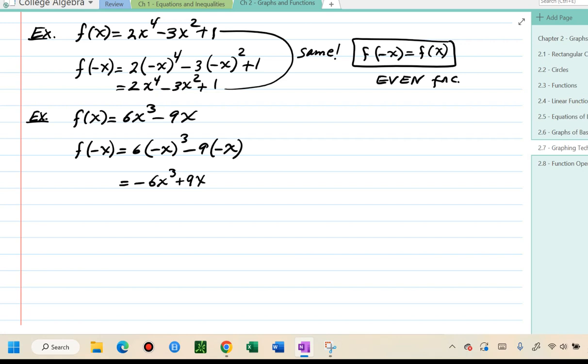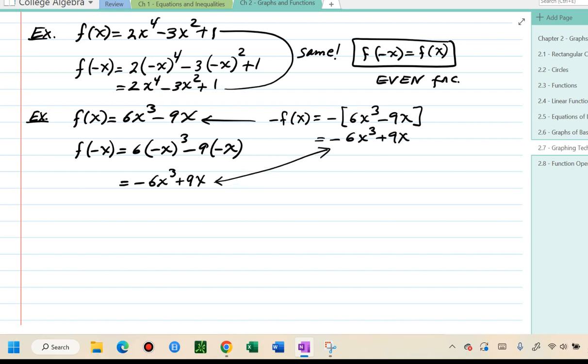Now, if you look at negative f of x, what does it look like? That's negative times 6x cubed minus 9x. If I multiply by the negative, this becomes negative 6x cubed plus 9x, and you can see that these are identical.